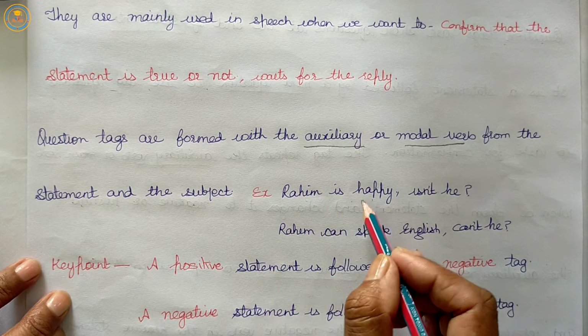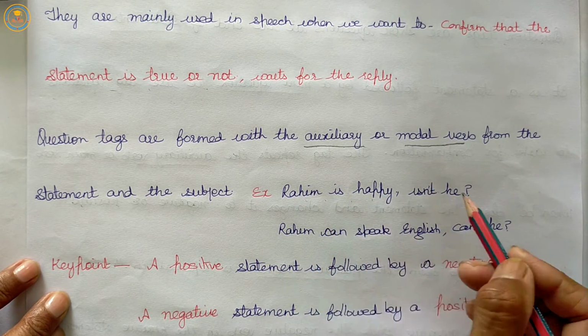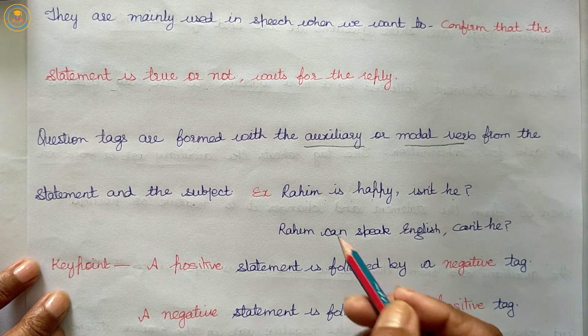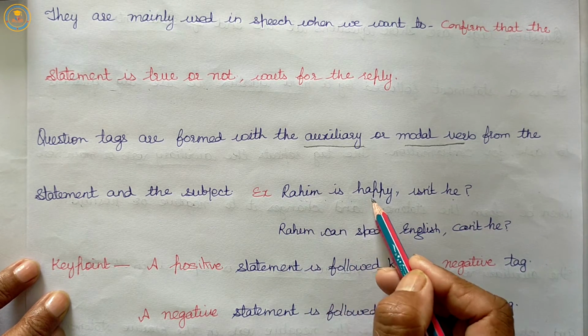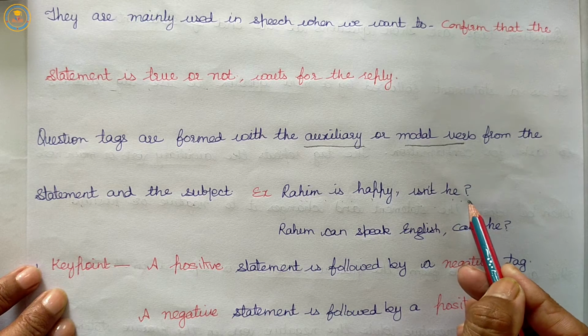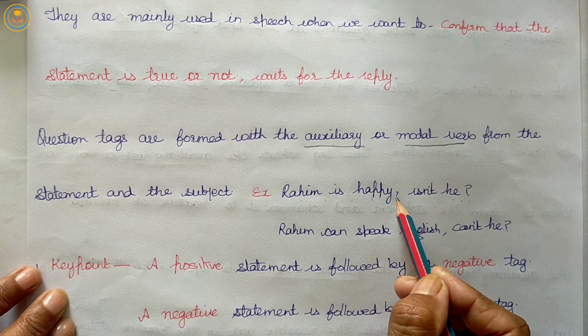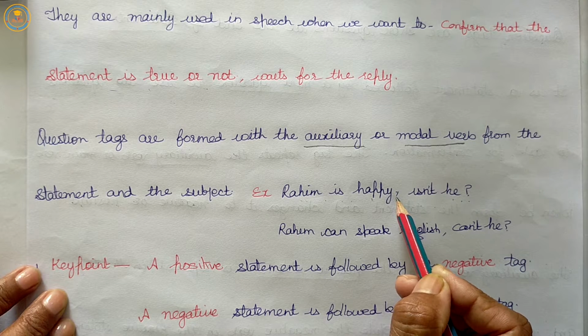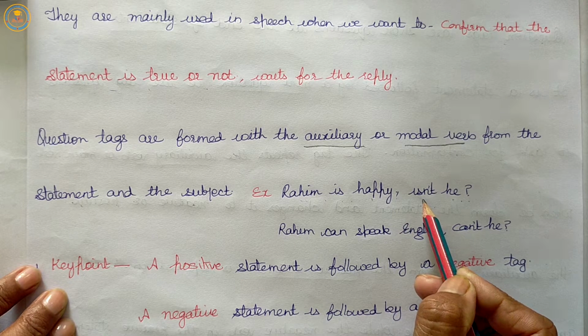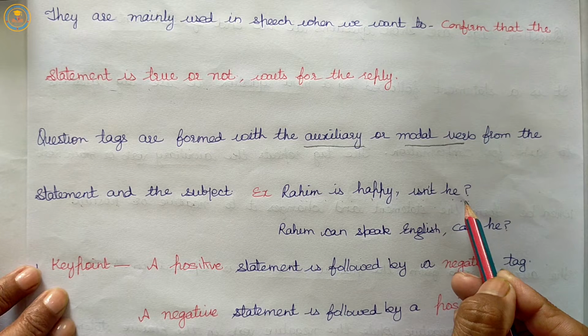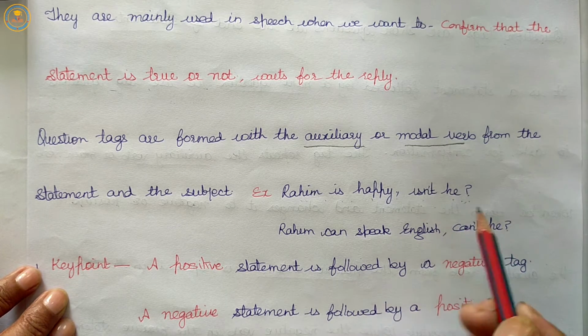First rule, what we read: positive into negative. So, Rahim is happy, isn't he? Question mark. And here, we will use a comma at the end of the statement and the contraction of the verb. Then we will put a question mark at the end.